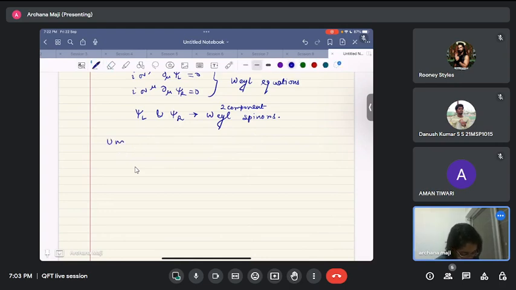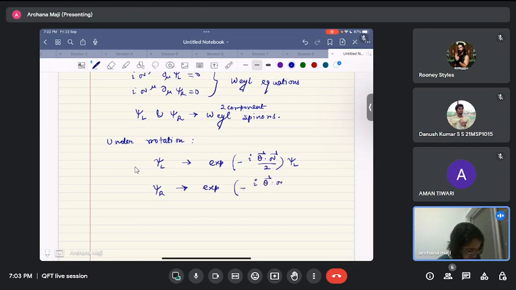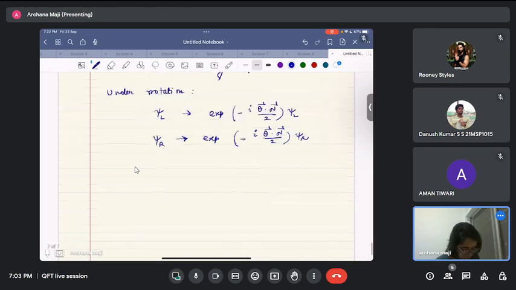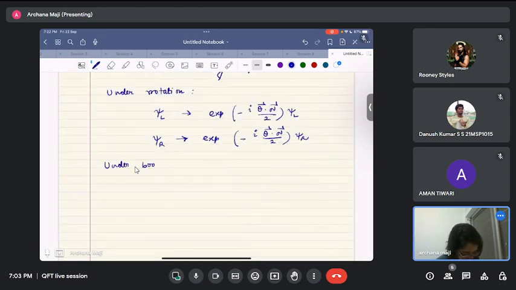So under rotation, psi L and psi R both transform in the same way, that is they transform as exponential of minus i theta dot sigma divided by 2 times psi L. Psi R also transforms in the same way, exponential of minus i theta dot sigma over 2 times psi R. And under boost, psi L transforms as exponential of minus beta dot sigma divided by 2 times psi L, and psi R transforms in the opposite way.